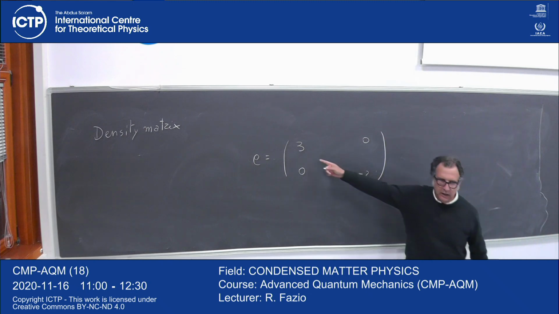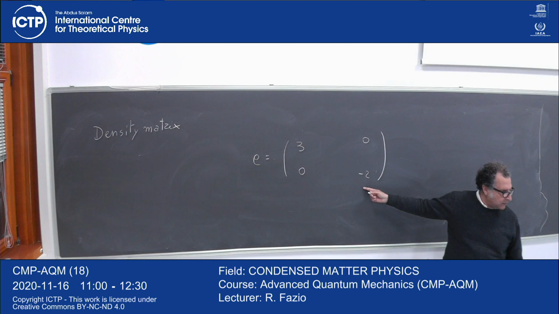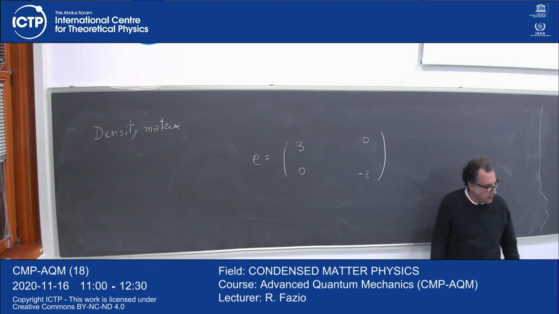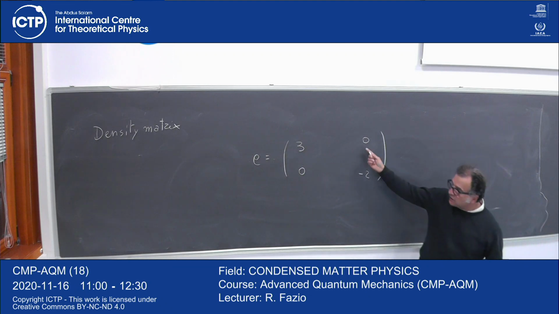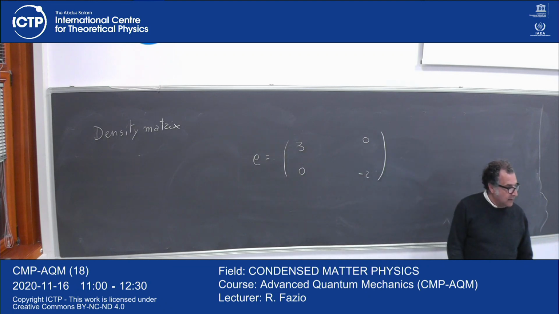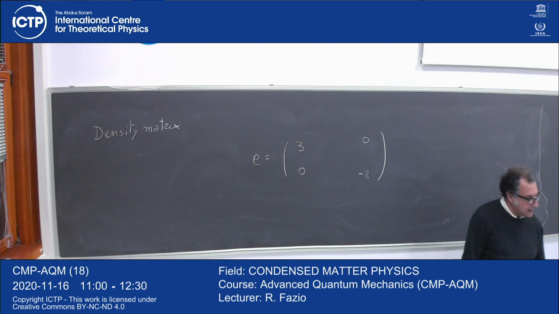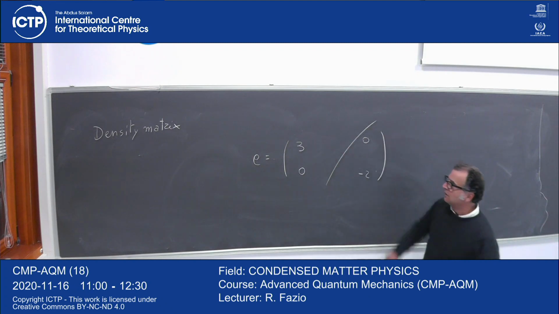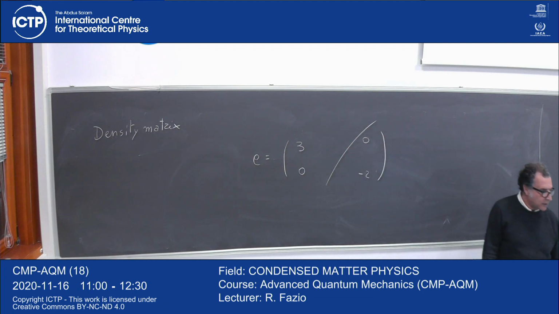But in this particular case, one eigenvalue is positive and one eigenvalue is negative. So this particular matrix is Hermitian, but it does not describe a physical state. So this is not good. So you have to verify all the properties.